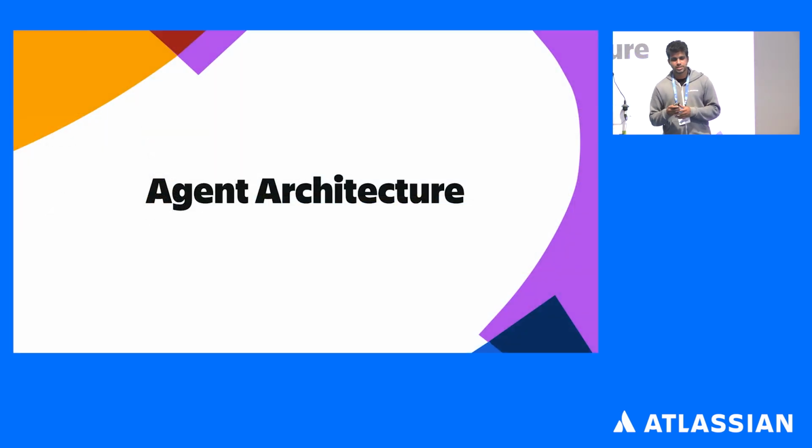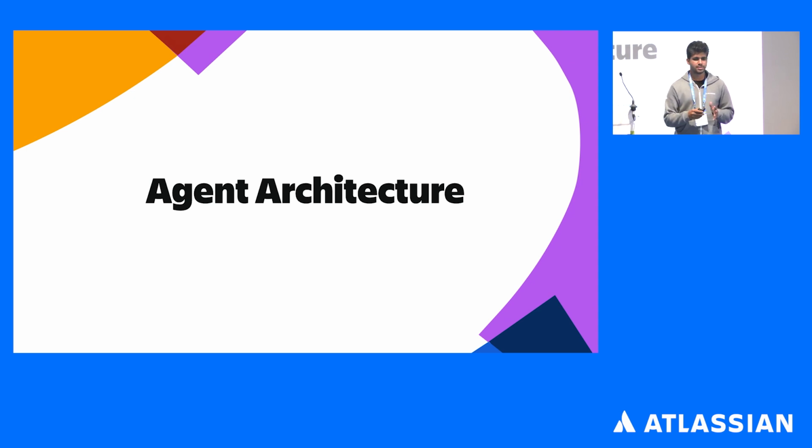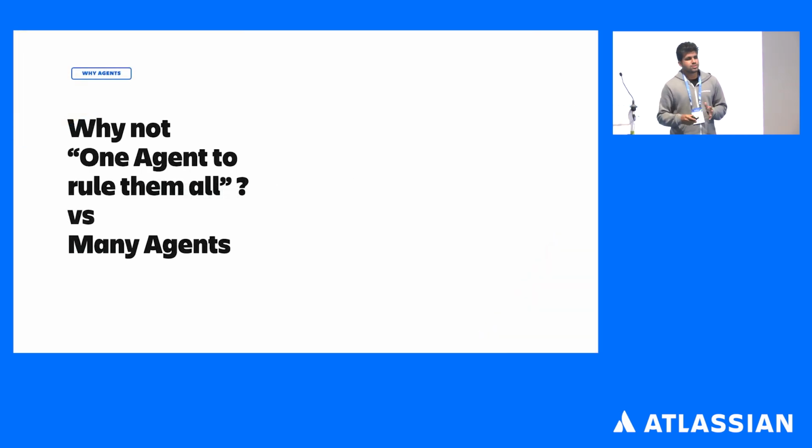All right, now let's take a look at how to decide what the architecture of your AI agents should look like. As you go through your journey of building agents, you might ask yourself at some point, why not have an agent that can do it all? But this one agent to rule them all approach carries significant risks.